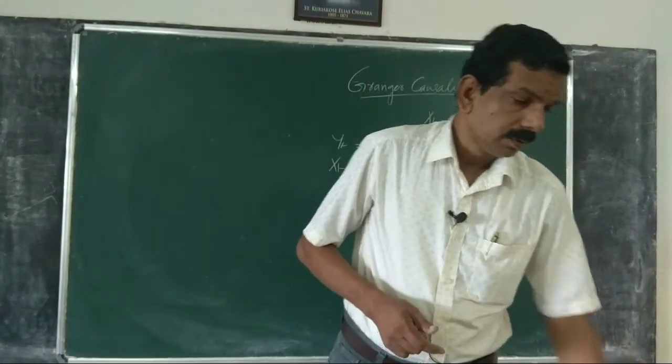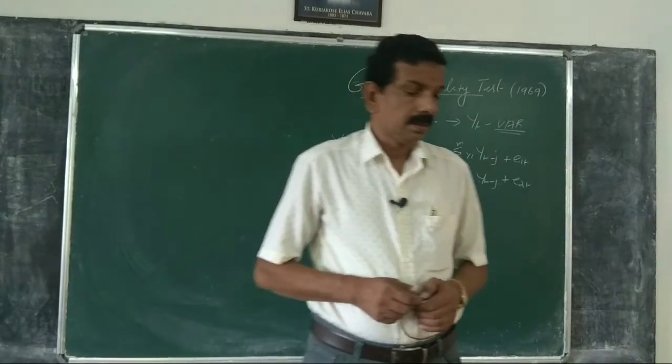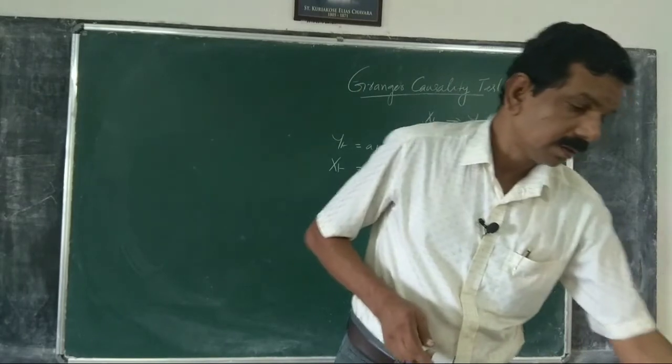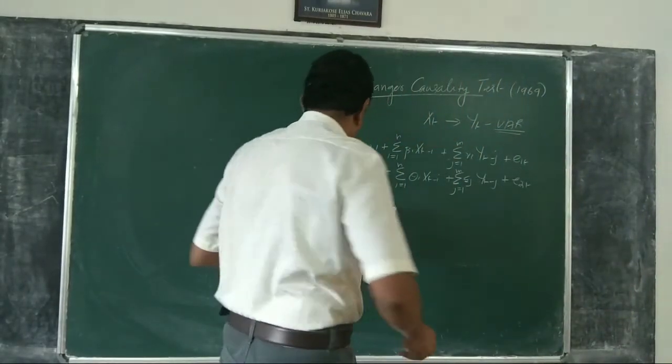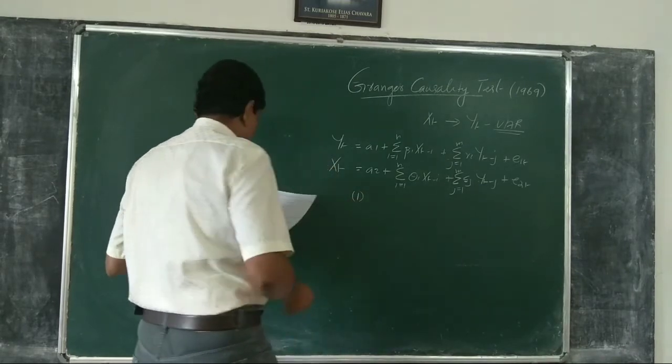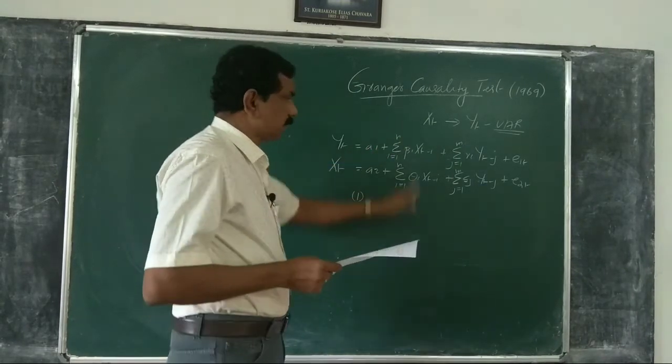Now, to test Granger causality, we consider the steps involved. The first step is we consider four cases.